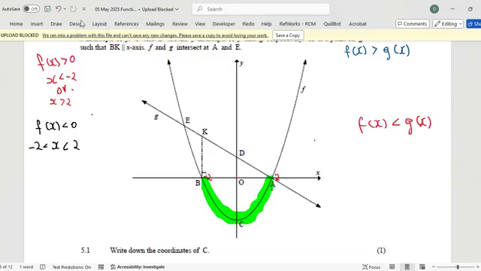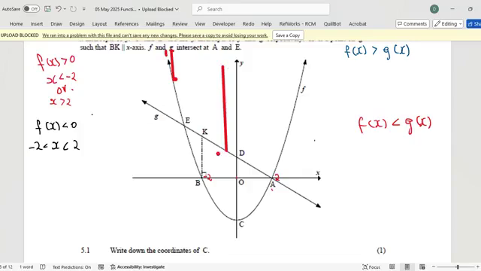I usually advise learners that to answer such a question about above and below, the best way is to draw a line from the top. If you draw a line from the top, the graph that I touch first is the one above. The one above is greater.